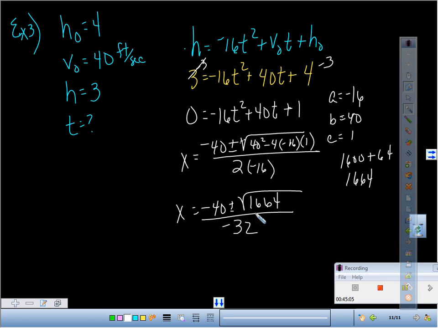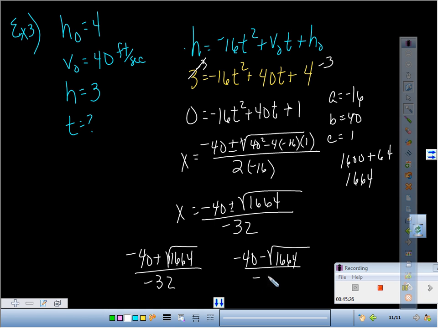Okay, so everybody agree got 2 answers up here, right? One of them's going to be negative 40 plus the square root of 1664 over negative 32. And the other one's going to be negative 40 minus the square root of 1664 over negative 32.